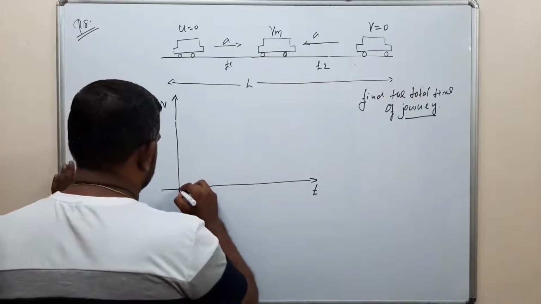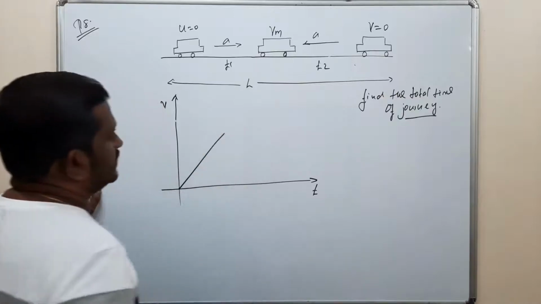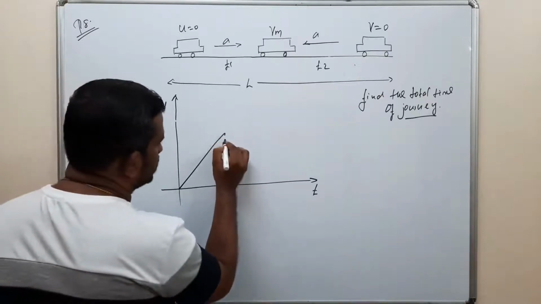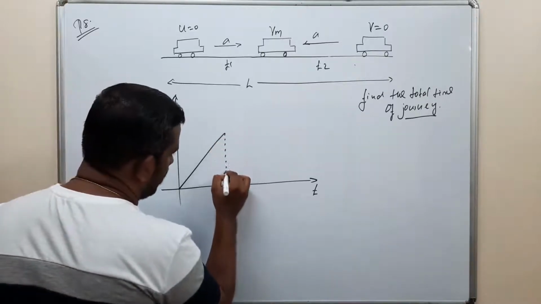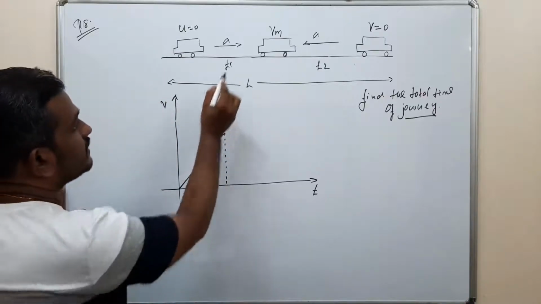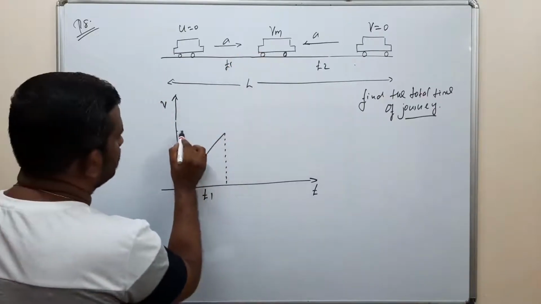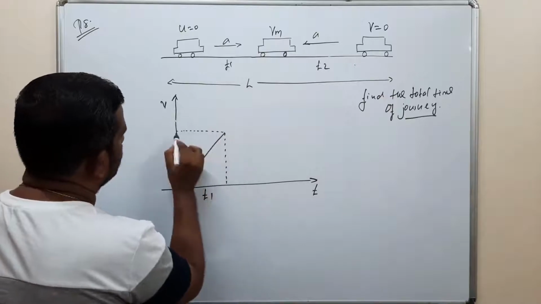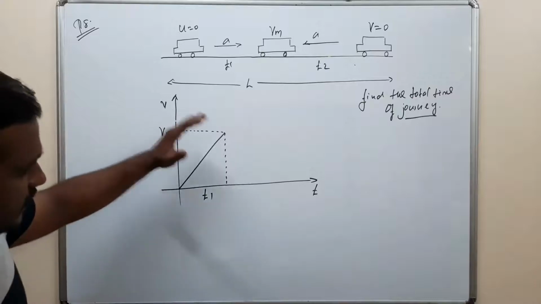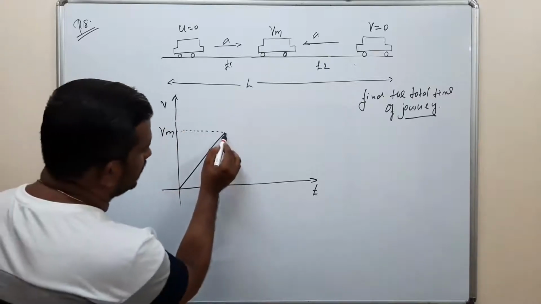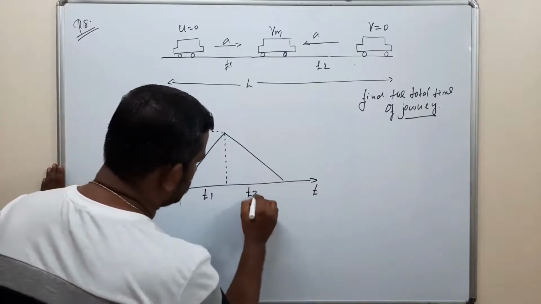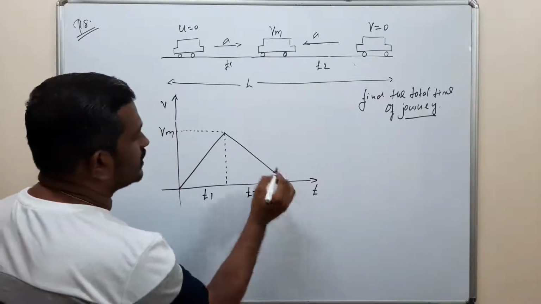With constant acceleration, after time t1 it reaches a maximum velocity Vm. After that it decelerates, and after time t2 it comes to rest, that is velocity 0.